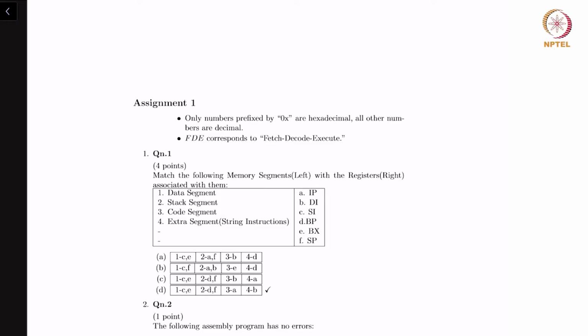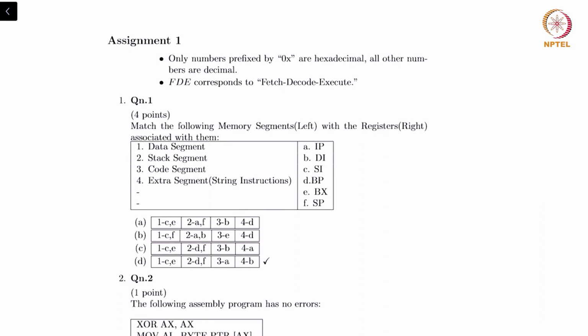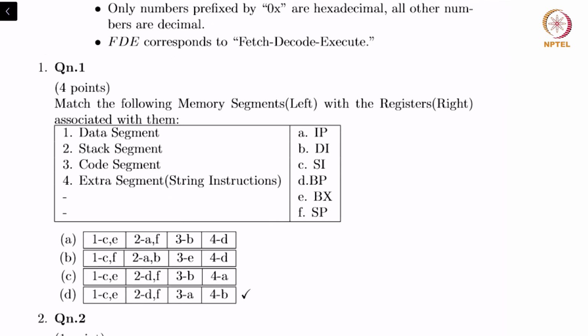The solutions to assignment 1. In question number 1, in the left column are memory segments and on the right column are registers that are associated with them. And we are asked to find which of them match to which.